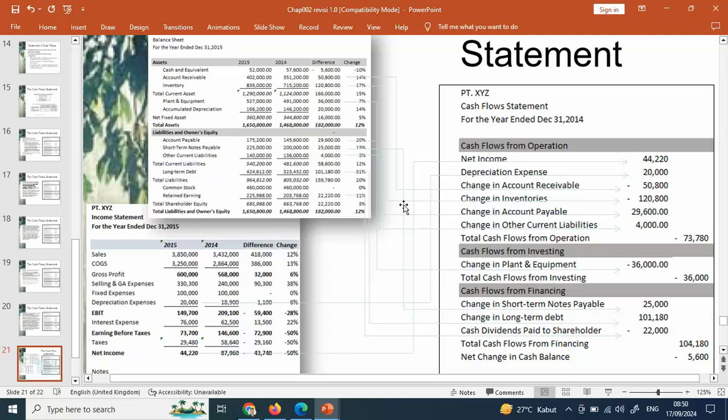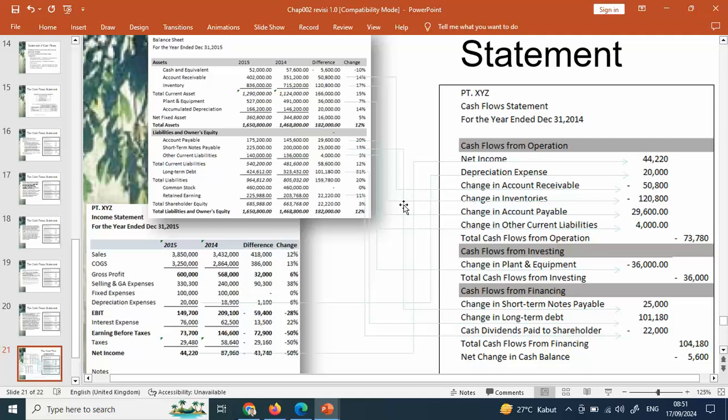So the net change in cash balance is minus 73 minus 36 plus 104. You get minus 5.6. So you are still running out of money. You don't have money. For operation and investing, you can only cover 104 from financing.